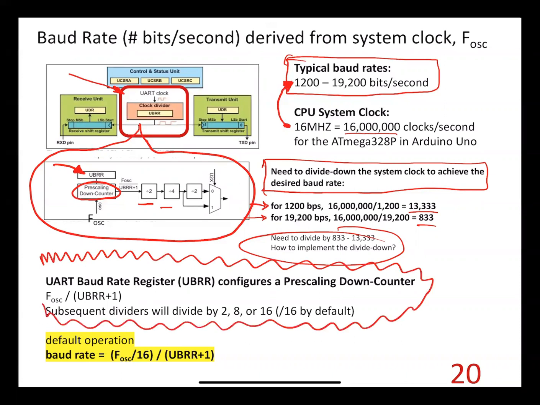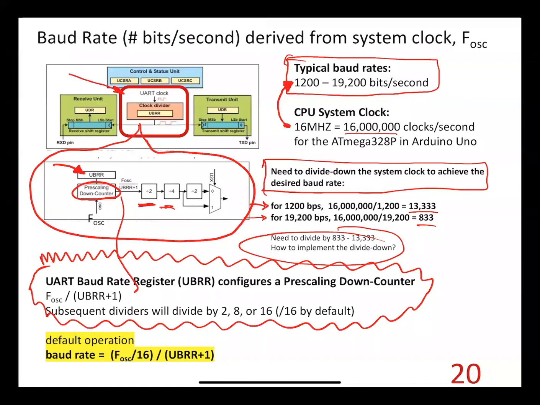Coming out of that prescaler, our clock is going to be our system clock, that's our 16 megahertz, divided by quantity UBRR plus 1. And so we'll know the baud rate we want, and that'll correspond to UBRR. But we see that we have these subsequent dividers, divided by 2 and divided by 4 and so forth.